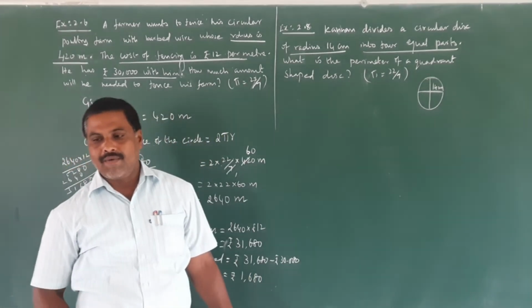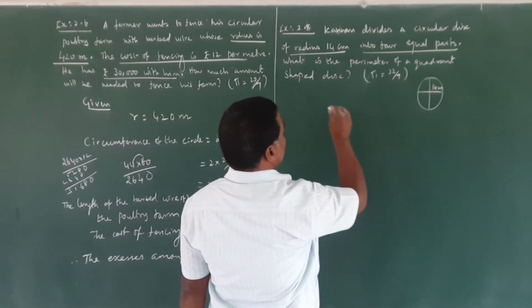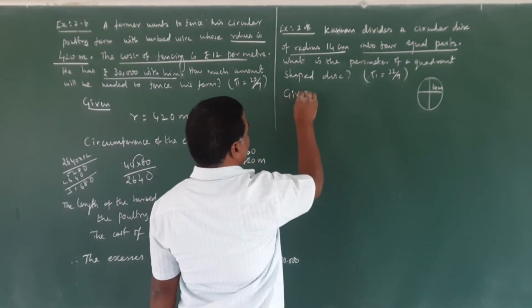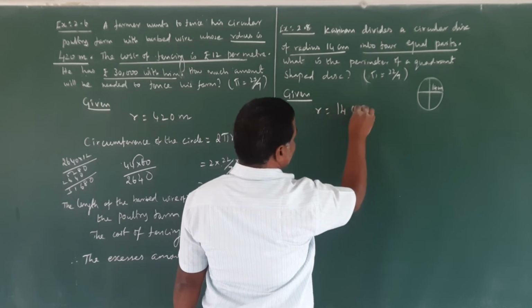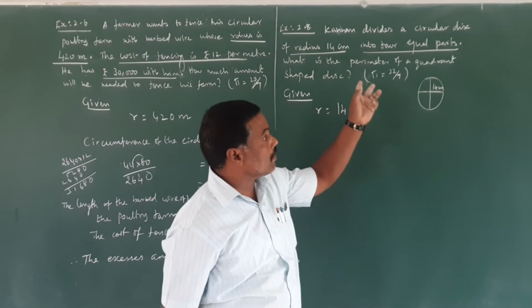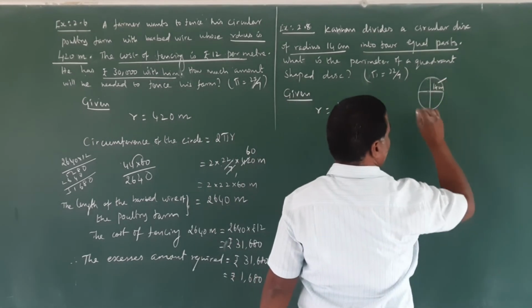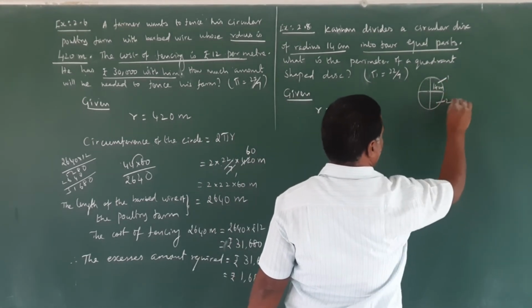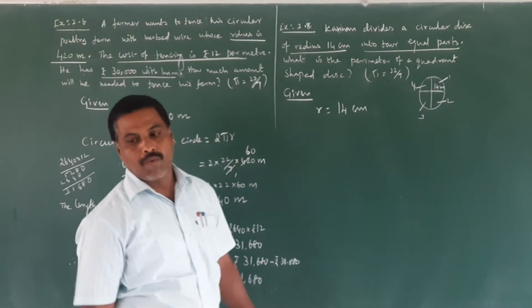The radius is already given, equal to 14 centimeter. Now that is a circle. The circle has 4 equal parts. That is one quadrant, 2 quadrant, 3 quadrant, 4 quadrant.